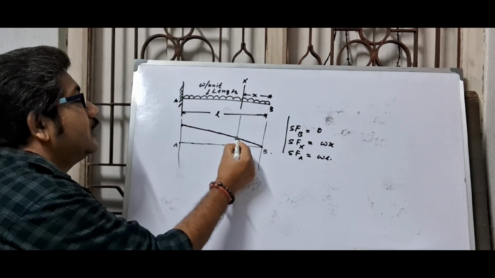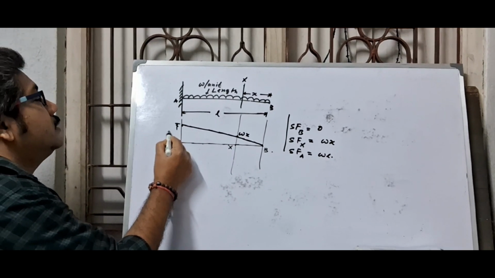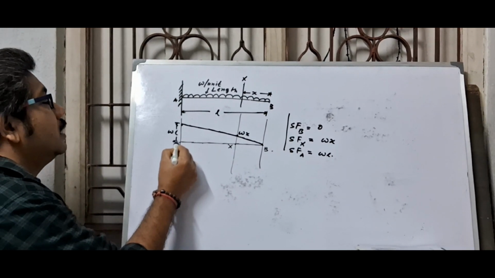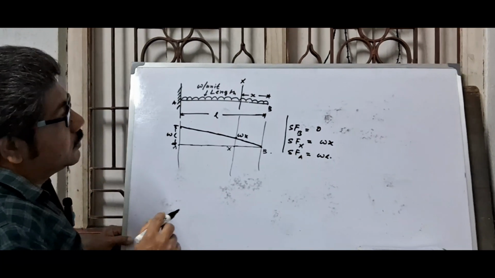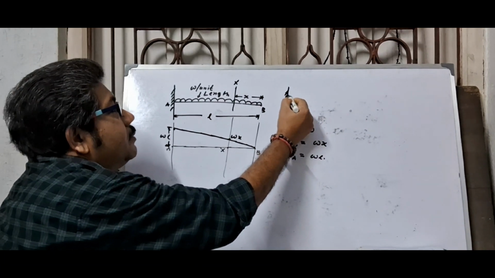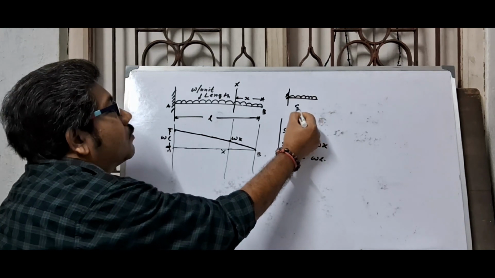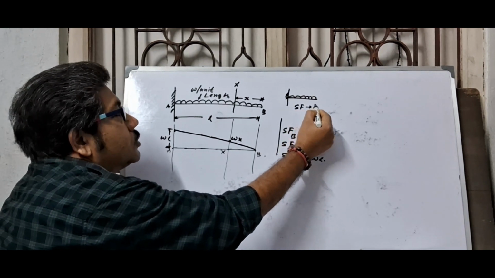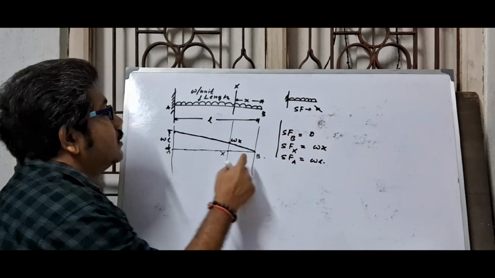Here this is omega x and here this is omega L. The sign convention rule for a cantilever beam carrying UDL: for shear force it will be an inclined straight line.